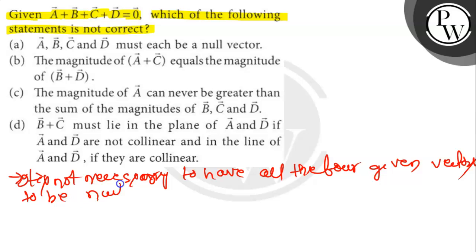There are many other combinations which can give the sum 0. So statement A is incorrect.